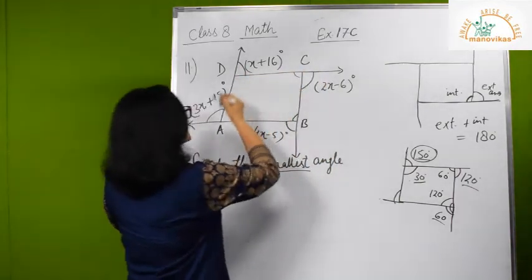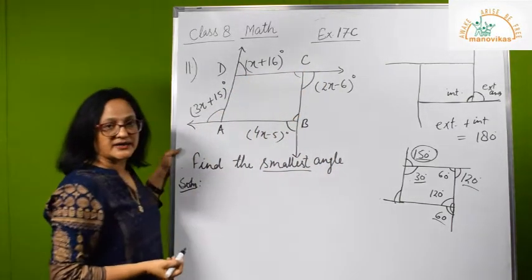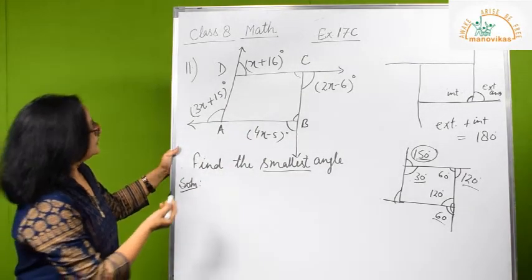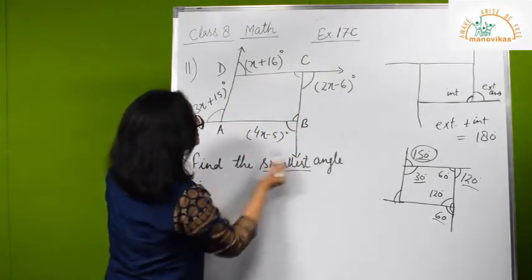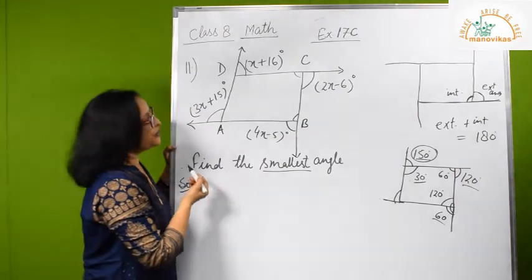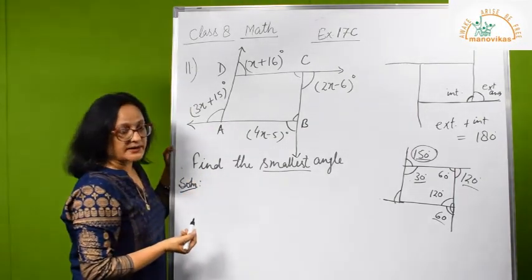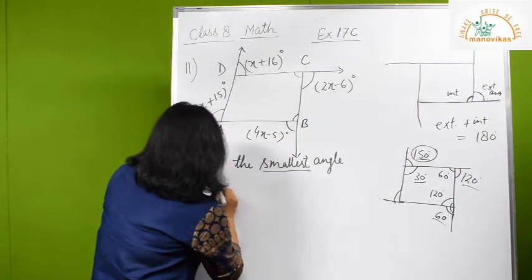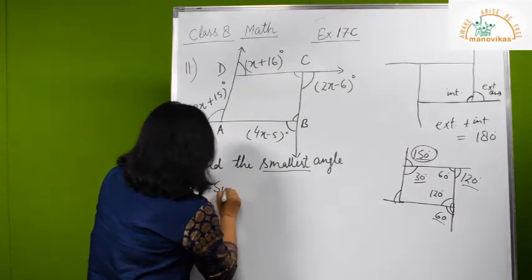But because all the exterior angles are given, there is one shortcut method. There is a formula for all the exterior angles. What is that formula?